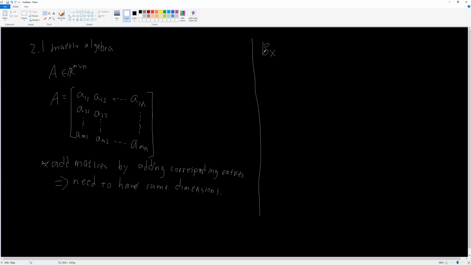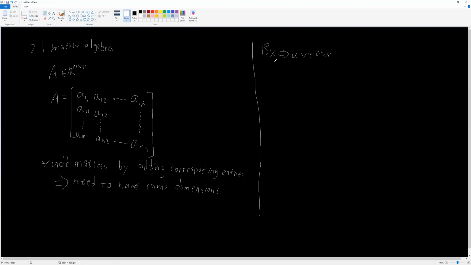So here B is a matrix and x is a vector. Okay? And this is what we want to do. We want to learn how to multiply a matrix with a vector.